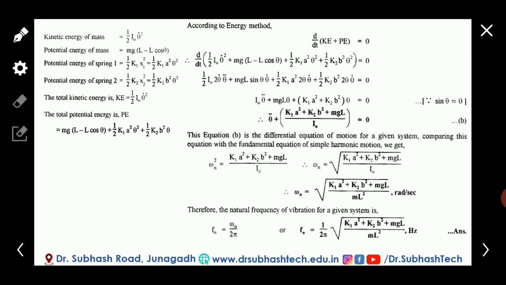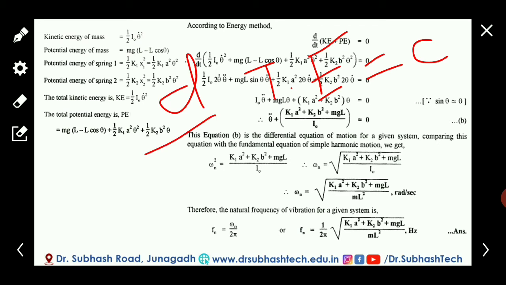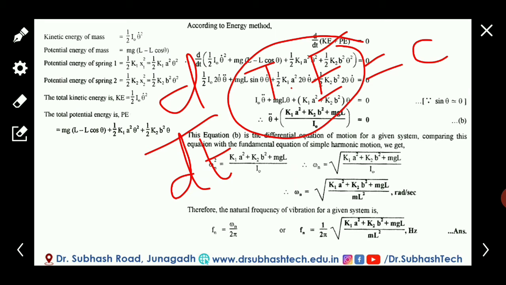Now according to the energy principle or method, the total energy of the system is equal to a constant. Now differentiate the total energy with respect to time. Since it's a constant, the differentiation of total energy is 0.